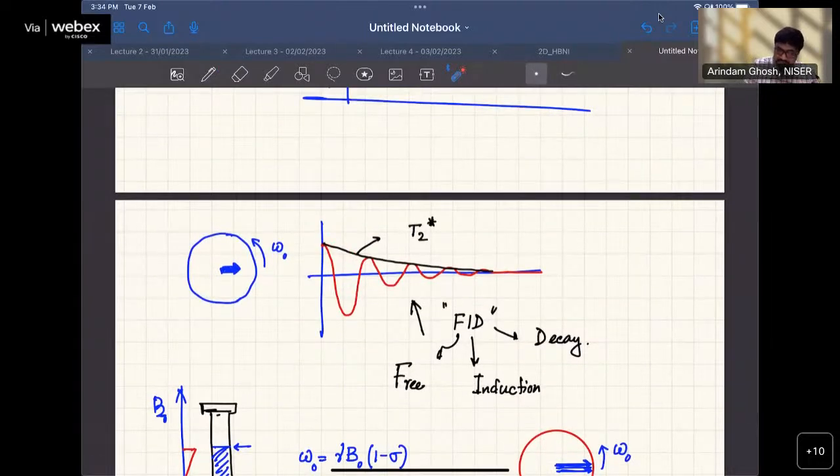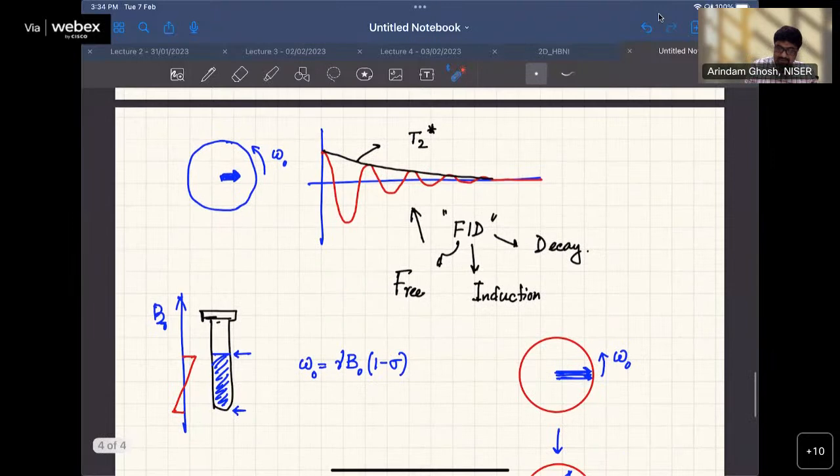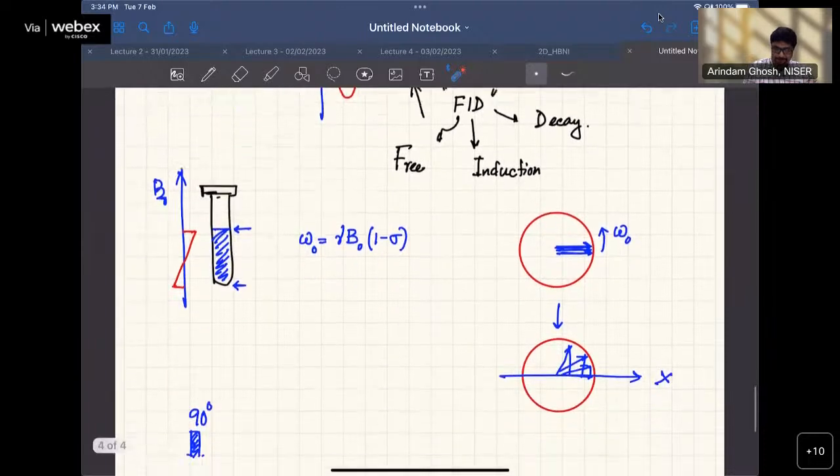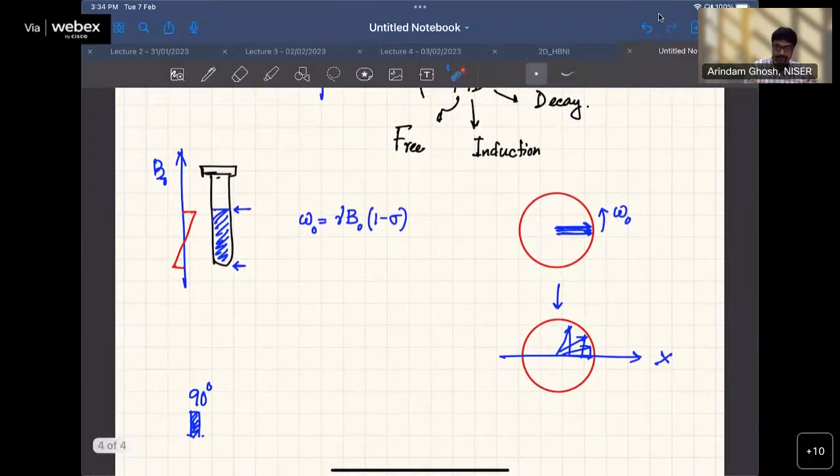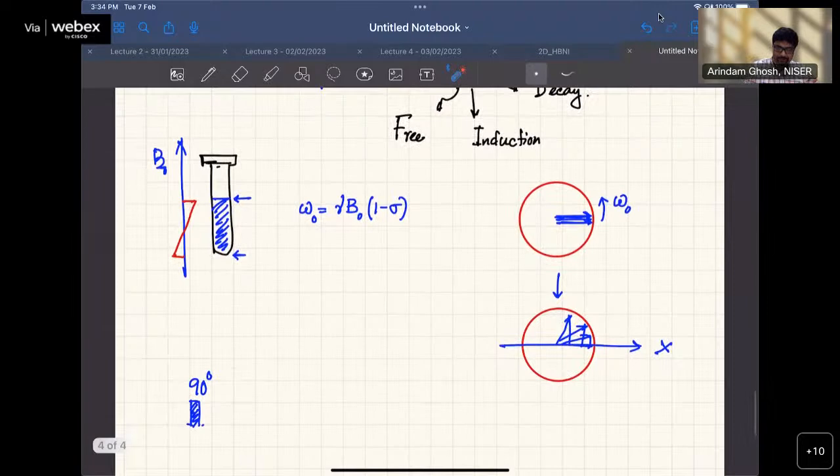If you just start observing, it will decay, but it will decay for both reasons. One is the original T2, which is the relaxation, and then this inhomogeneity. But we have to take out this inhomogeneity part, correct? So we have to simply take out the effect of this.